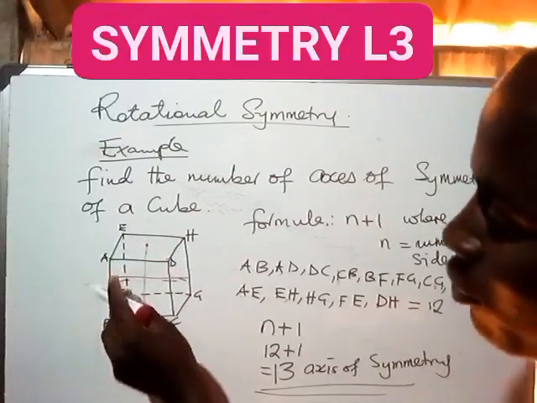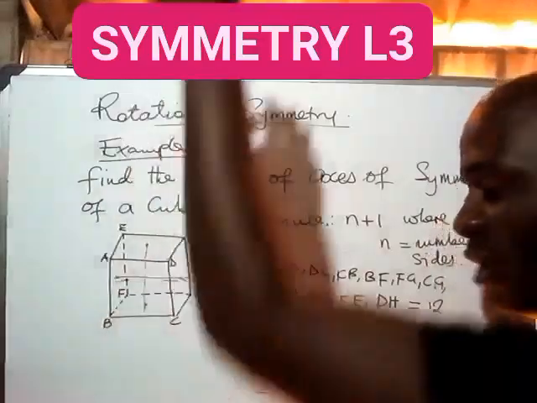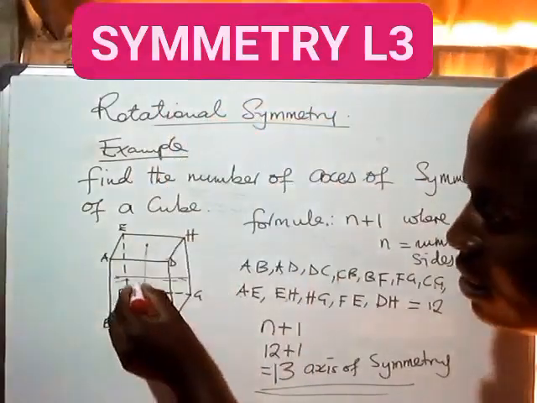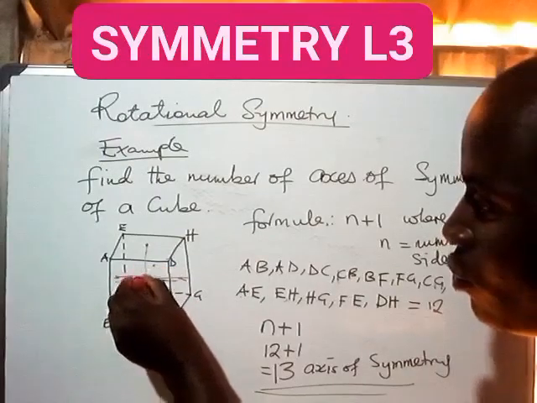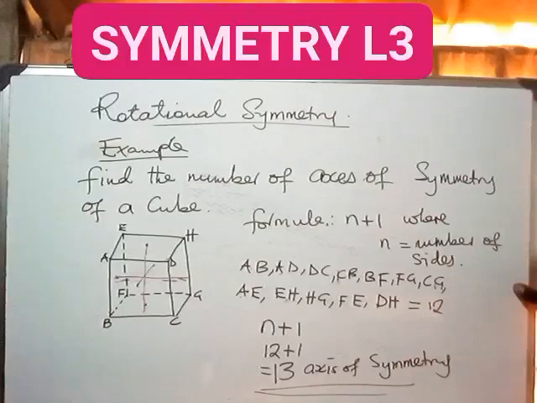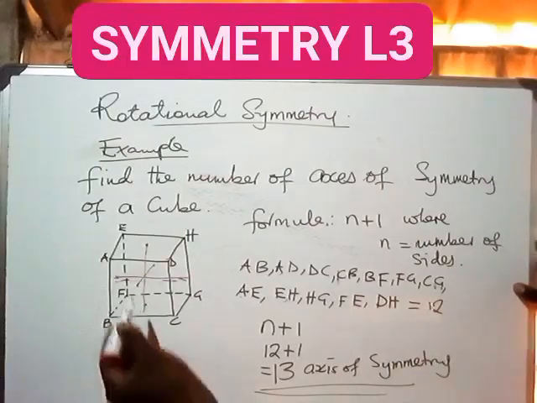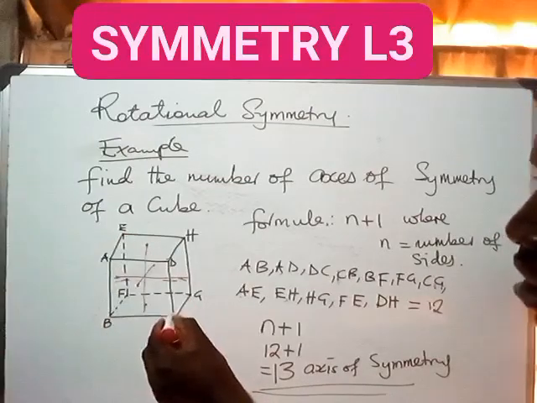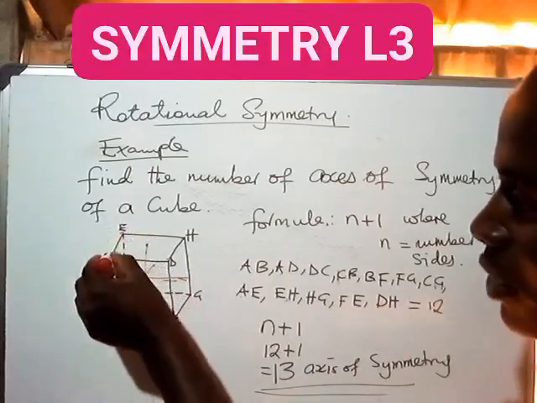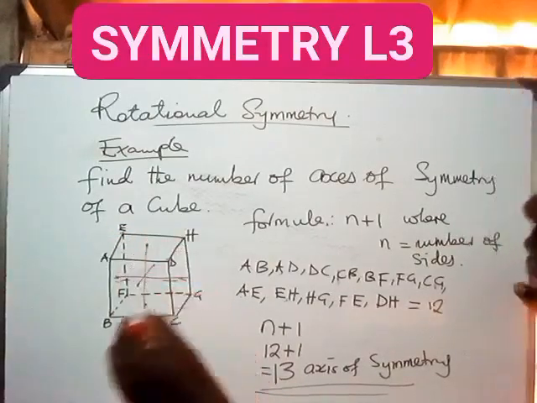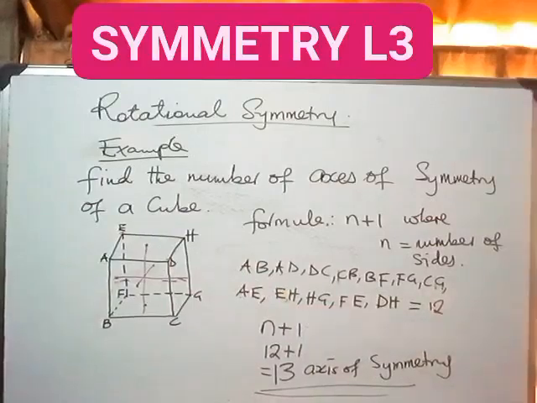Then again, from this center up to there, and from there up to here. You do all those rotation or axis symmetries, and you find that you are going to make 13 of them.